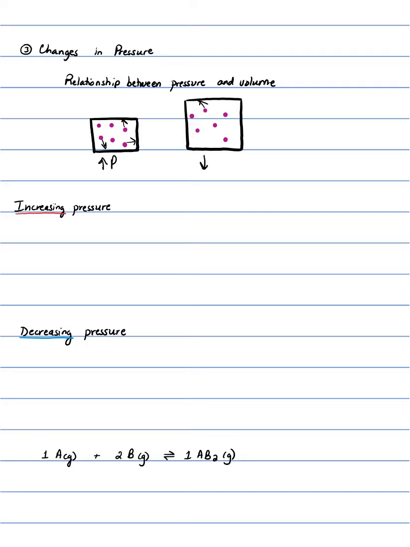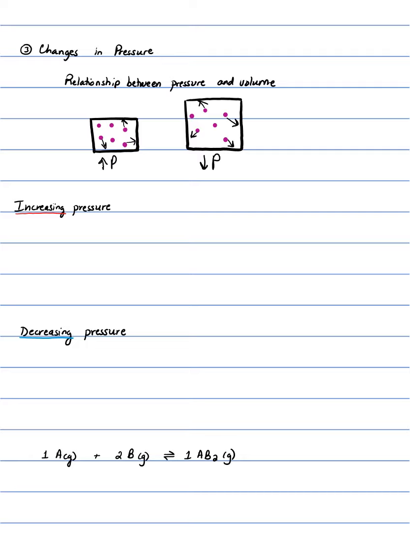In this one, your particles are still moving around, they're still colliding, right? But since the box is bigger, the number of collisions will be smaller. There's less chance of your particles moving around and hitting a wall on the right side because you have a larger box. So you have a smaller pressure for that one.